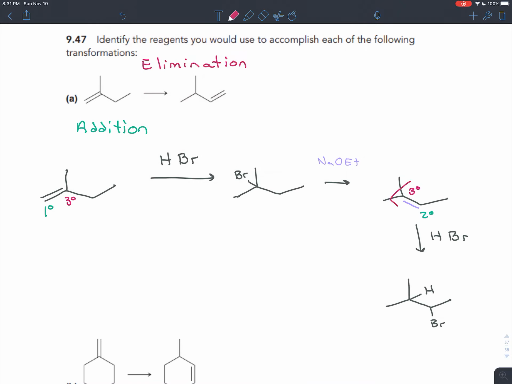Well, if the hydrogen goes to the more substituted carbon, that is anti-Markovnikov addition. And to get anti-Markovnikov addition with hydrohalogenation, you have to add peroxides, so ROOR. That's the only way that the H and the Br would add anti-Markovnikov, the hydrogen going on the more substituted carbon. Now I'm going to erase that hydrogen so that it doesn't get in our way. It's still there, it's implied in these skeletal structures.